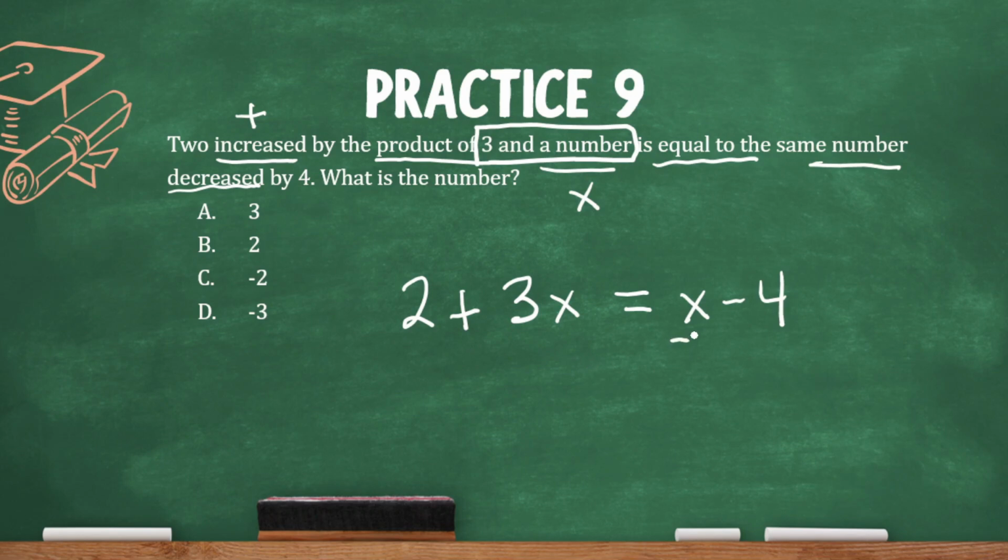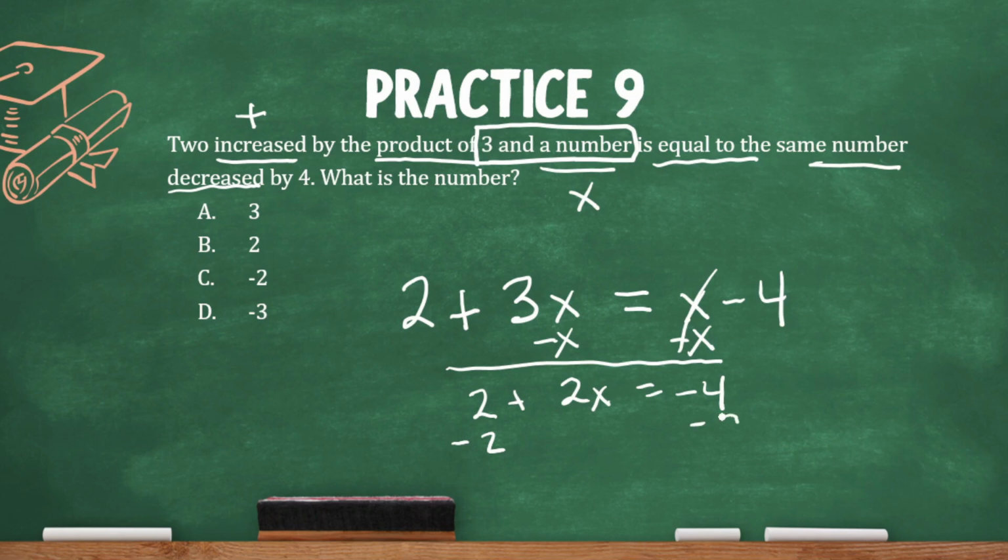So I'm going to subtract x from both sides. Get the x all on one side, so I've got 2 plus 2x equals, that cancels out, negative 4. And now I'll subtract 2 from both sides.